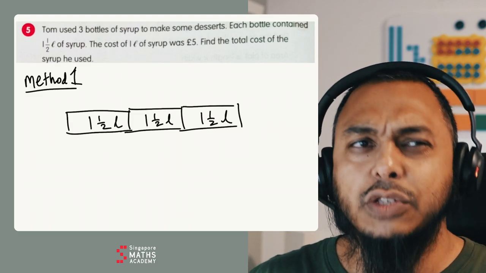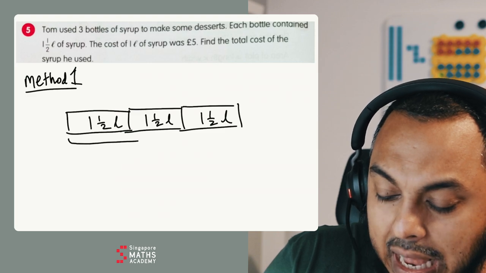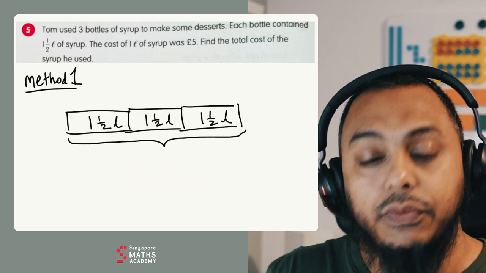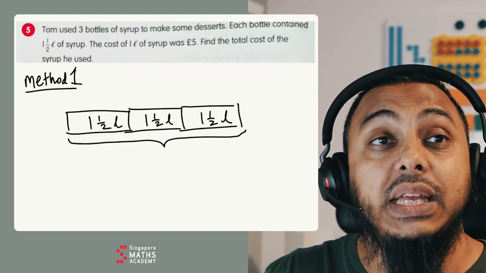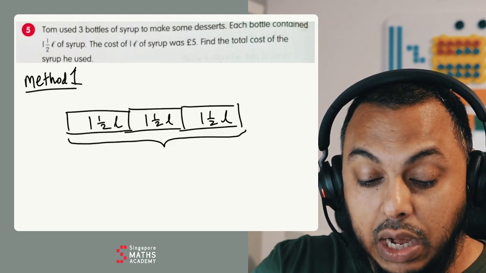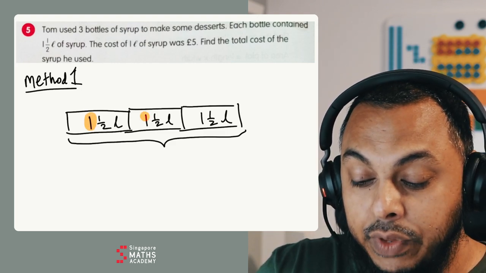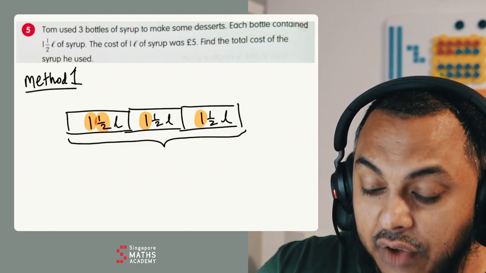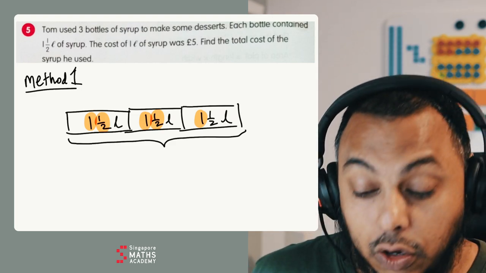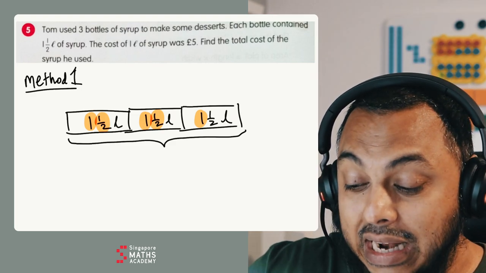Perfect. First question is, how do I work out how much syrup I have altogether? How much syrup have I used in all 3 of these bottles? Well, I know I've got one whole one here, another whole, another whole. That's 3 wholes. And I've got a half and a half. That makes another whole. That's 4 wholes and another half here.